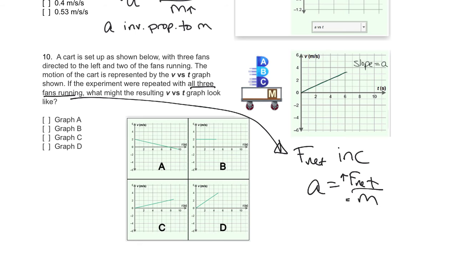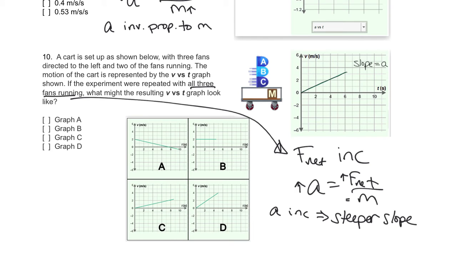So if the net force increased, then what's that going to do to the acceleration? It's going to increase. So now the question is, how can I tell that I have a bigger acceleration by looking at a graph? Would it be more inclined? Yes, steeper slope, right? A steeper slope means a bigger acceleration.